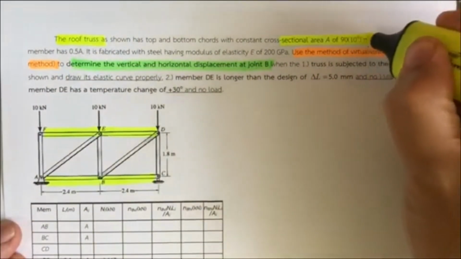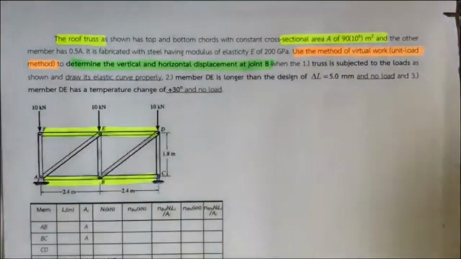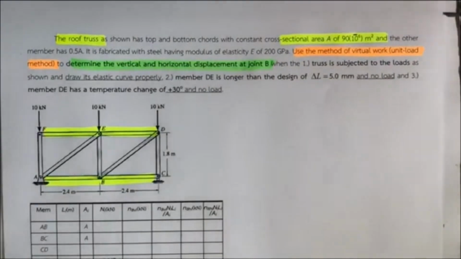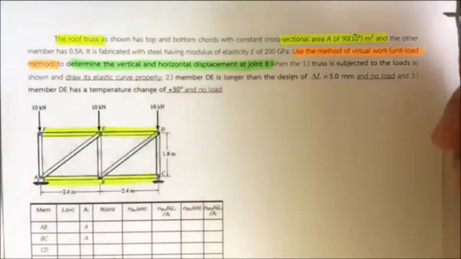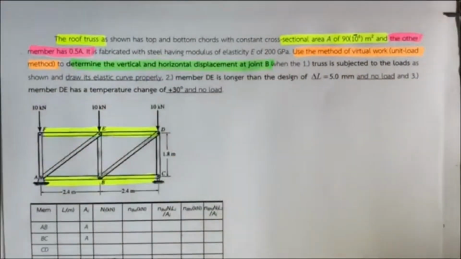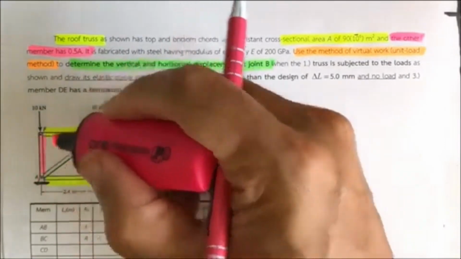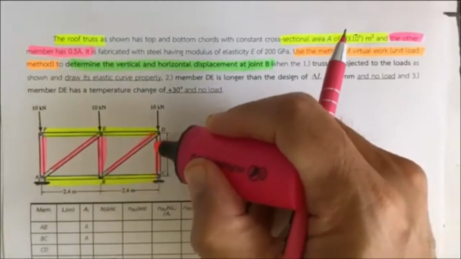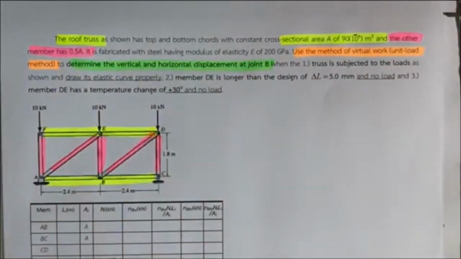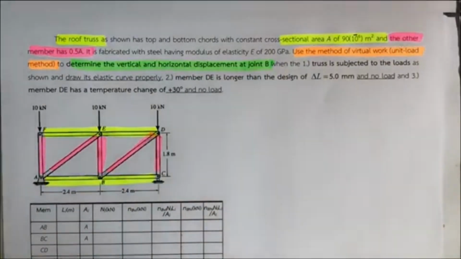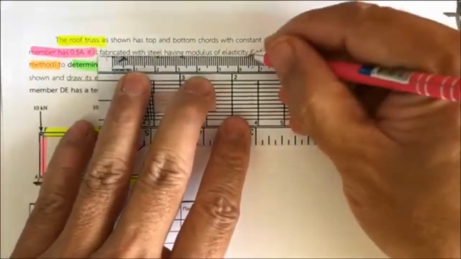A is equal to 90 times 10 to the minus 6 square meters, and the other section can have the area of 0.5A. So this member is 0.5A, and the yellow ones have the cross section of A, and it's made of steel, so they give us E equal to 200 gigapascal.